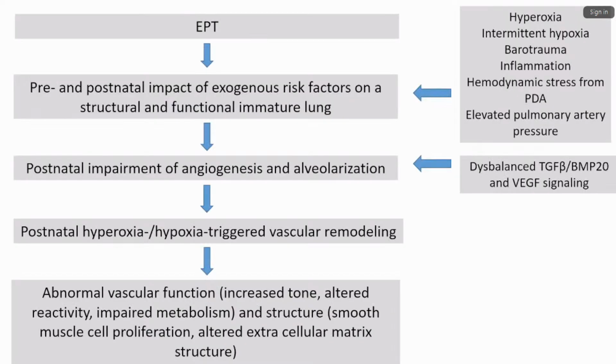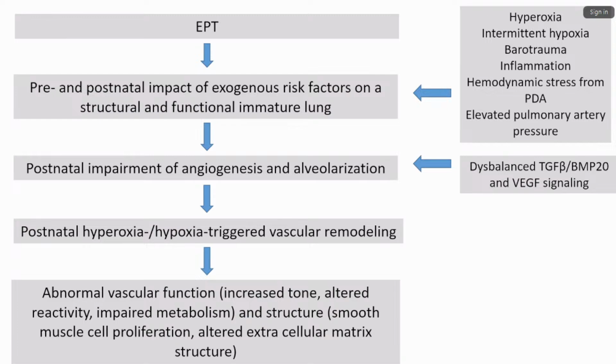The current concept of pathobiology of pulmonary hypertension in BPD: in case of extreme preterm, the pre and postnatal impact of exogenous risk factors on a structurally and functionally immature lung, and also associated factors like hyperoxia, intermittent hypoxia, barotrauma, inflammation, hemodynamic stress from the PDA, elevated pulmonary artery pressure, lead to postnatal impairment of angiogenesis and alveolarization that lead to postnatal hyperoxia and hypoxia triggered vascular remodeling.